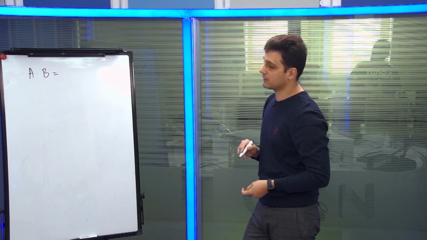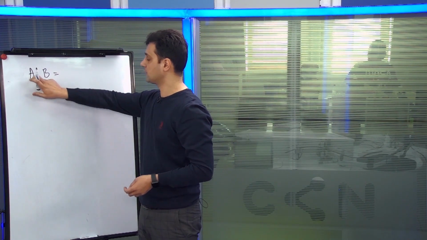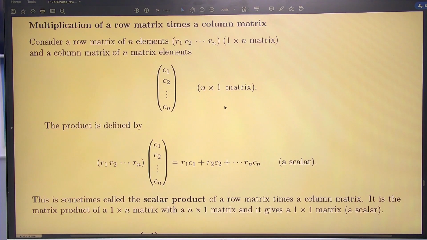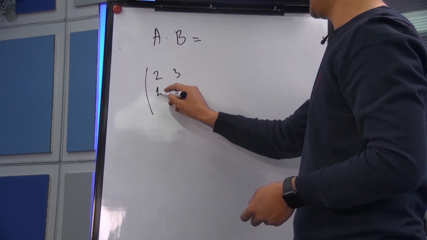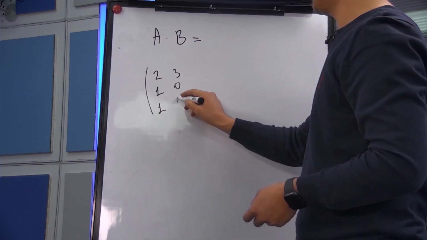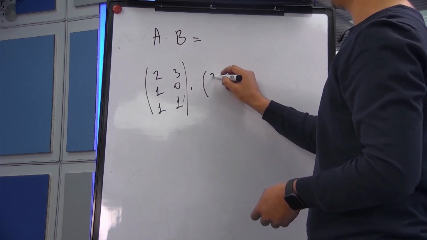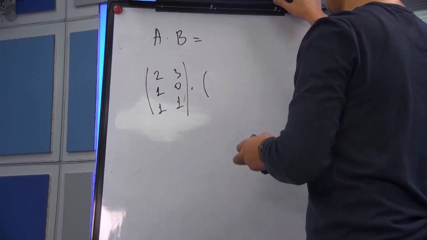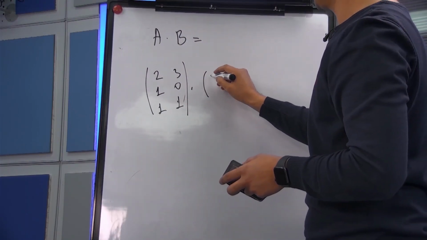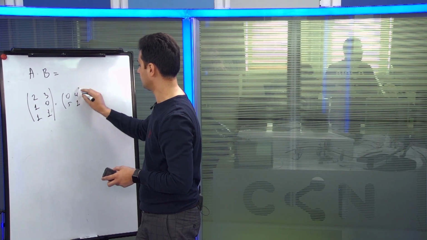So the number of row elements in the first must equal the number of column elements in the second one. For example, we have [2, 3; 1, 0; 1, 1] multiplied by [0, 4; 5, 1].